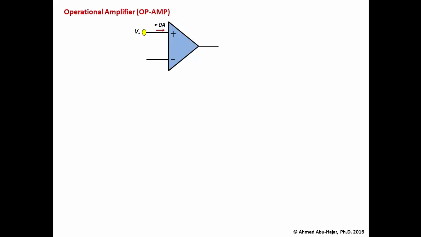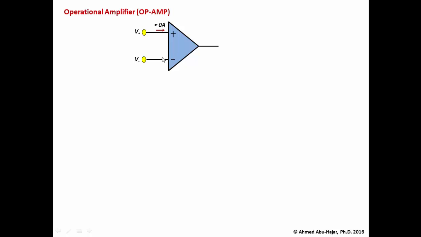First of all, there will be current going through it, and this current usually is very small, so we can assume it is zero for now. And the voltage at that leg, we're going to call it V plus, because it's going into the plus sign of the op-amp, the non-inverting input.